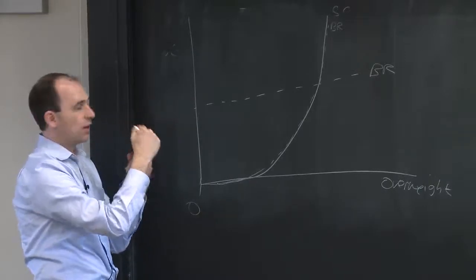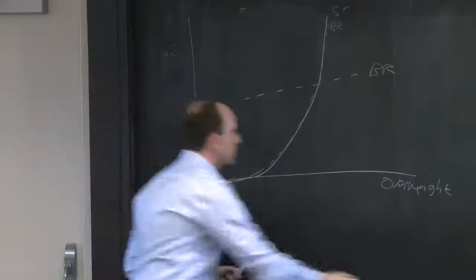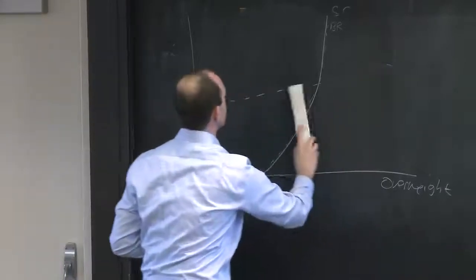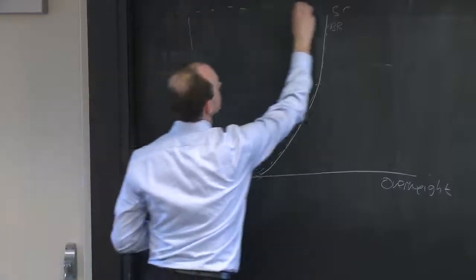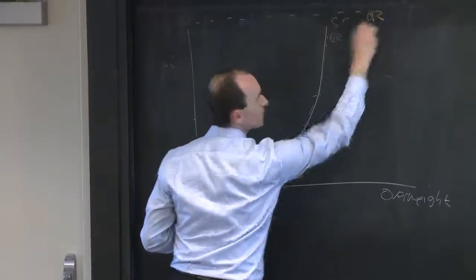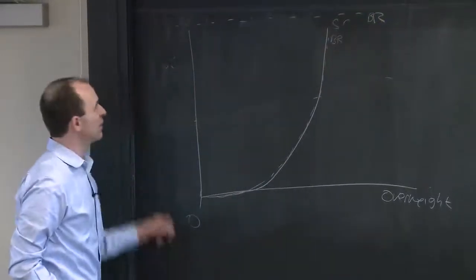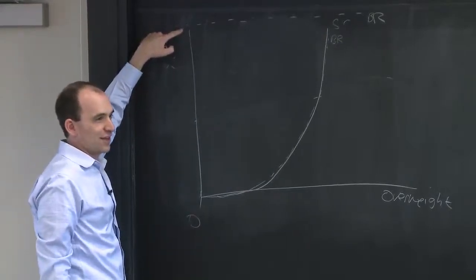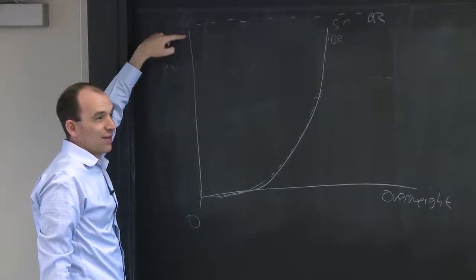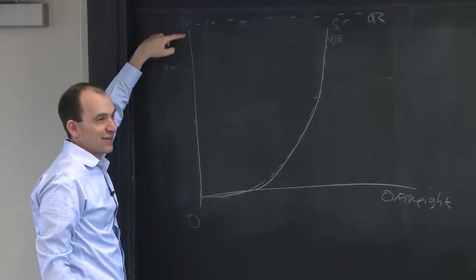Right? And so let me be more precise. Imagine I drew it like this. Okay? So imagine that the bribes were always higher than the social cost, but flat. Would that be efficient or inefficient?